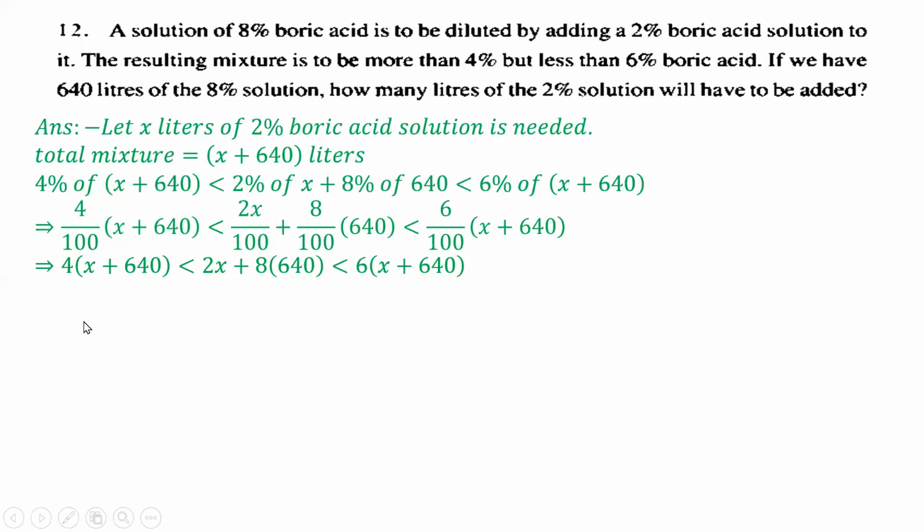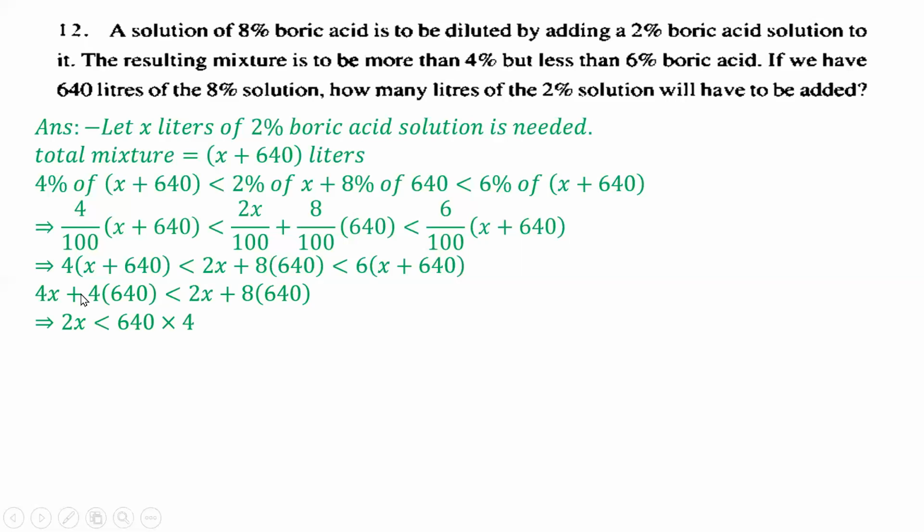First of all, take the first two parts and find the solution. So 4X plus 4 into 640 less than 2X plus 8 into 640. Don't multiply it, because if we multiply it, this amount would be bigger. So take common, 8 minus 4 is equal to 4, and 4X minus 2X is equal to 2X.